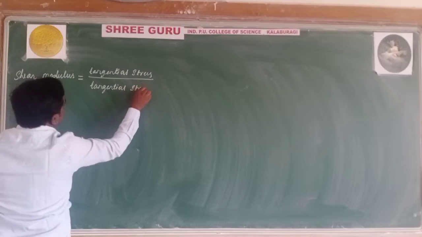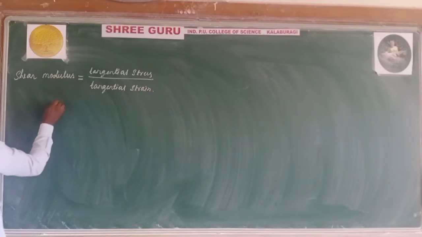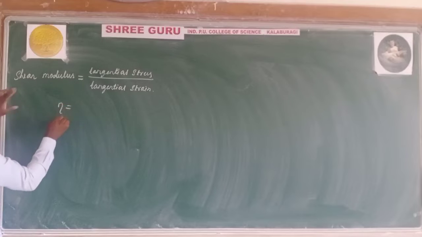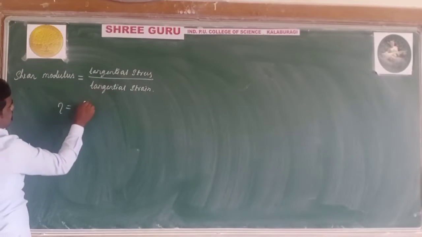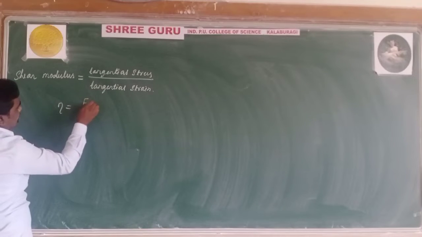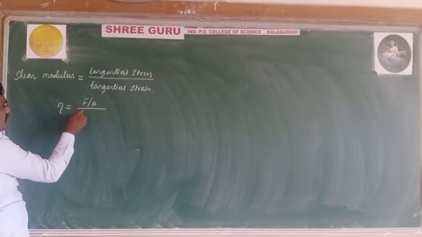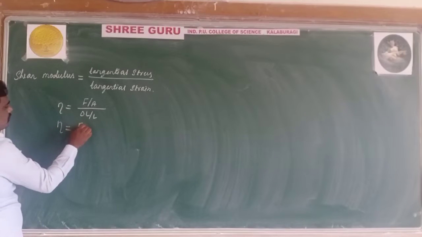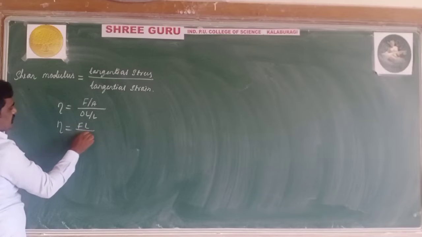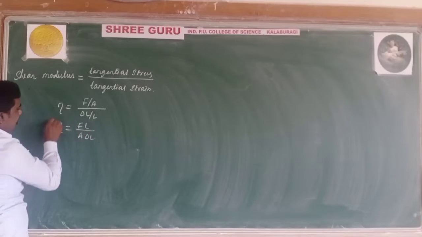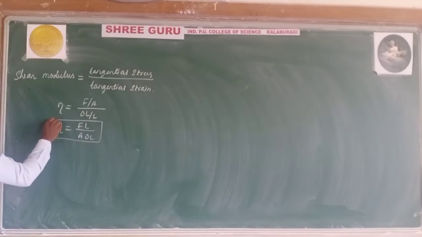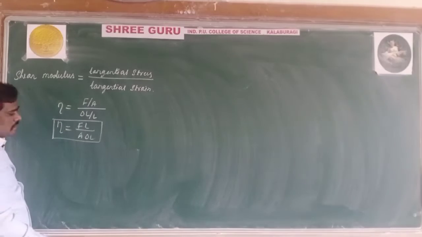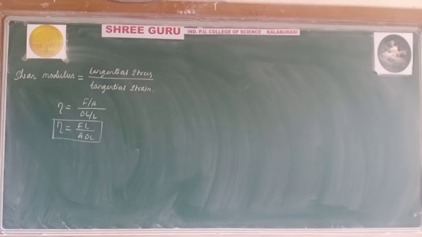Here the notation for shear modulus is eta. Stress is force acting per unit area, and strain is change in length with respect to original length, because here the shape is going to change. That is eta equal to FL by A into delta, and we are going to use this formula on this question.